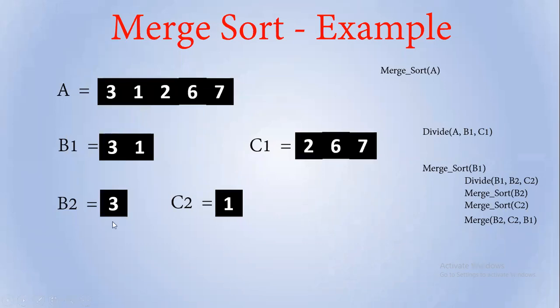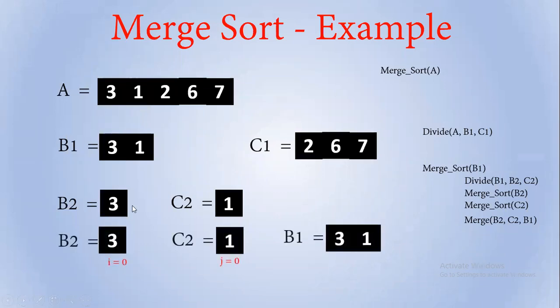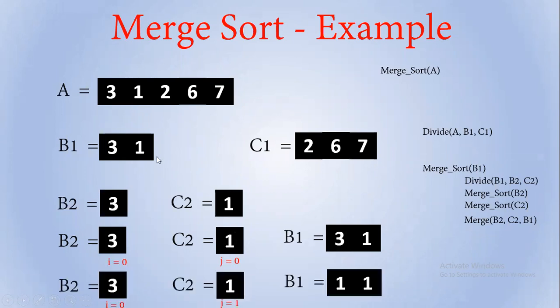So i will be initialized to 0, and j will also be initialized to 0. This element will be compared with this element, and this one is lower, so that one will be set. Now this B1 is 3, 1.